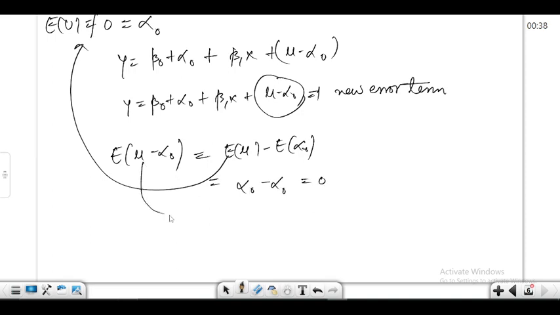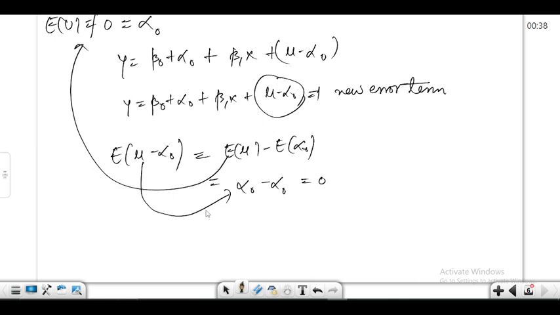So the expected value is still equal to 0, even if I change the model and do this mathematical rearranging. My expected value of the error term will still be 0. So it doesn't matter what is happening to the error term, whether the expected value is 0 or not 0.